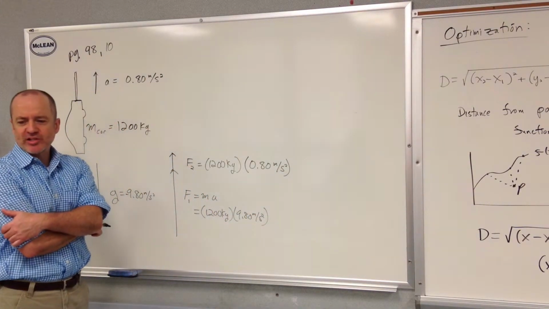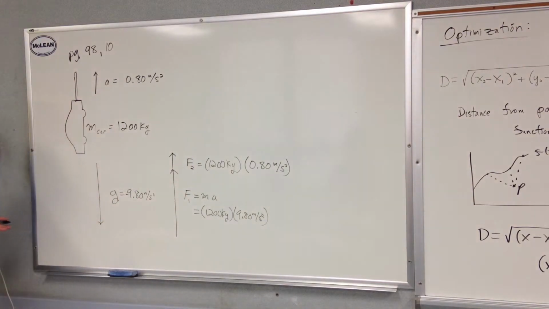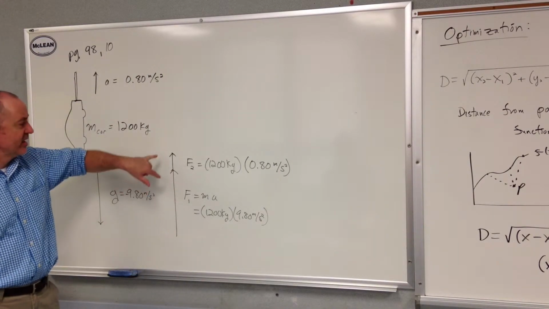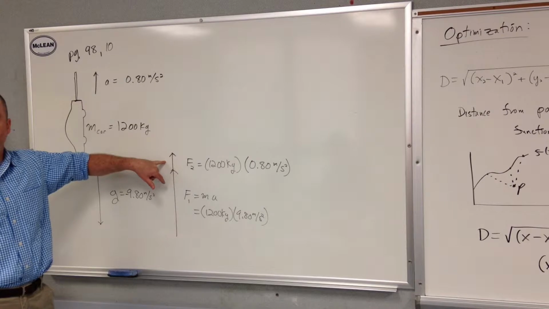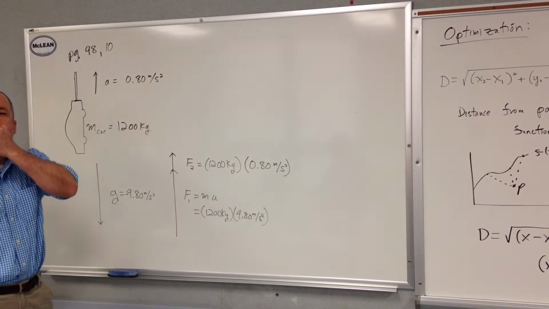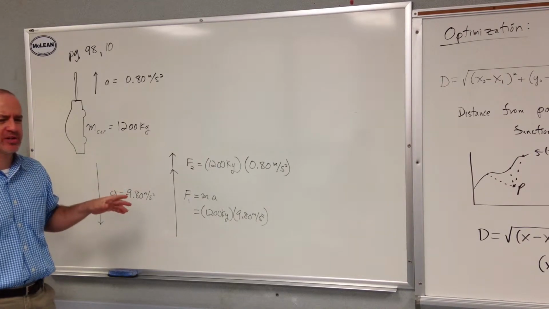Quick conceptual question. Well, first, any questions on this? The rope has to handle this force just due to gravity, this force due to wanting to accelerate it. Quick conceptual question.